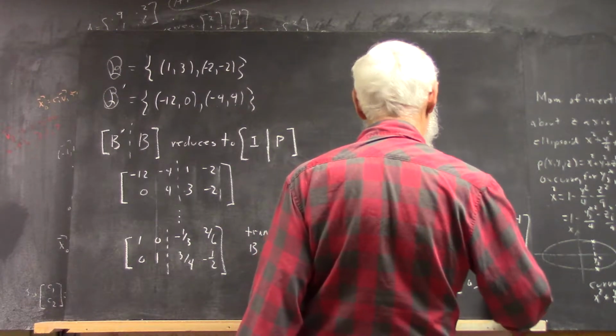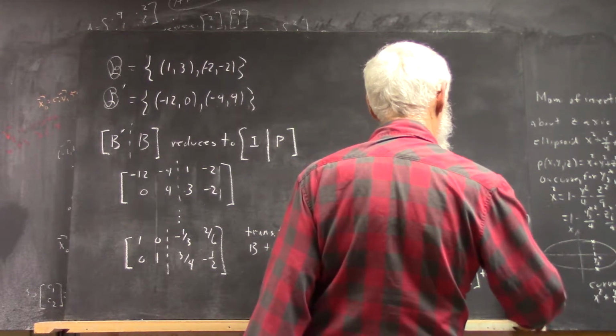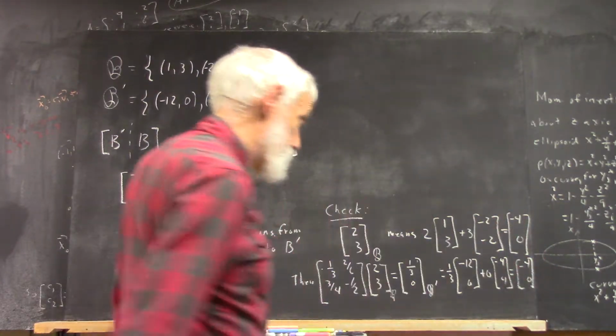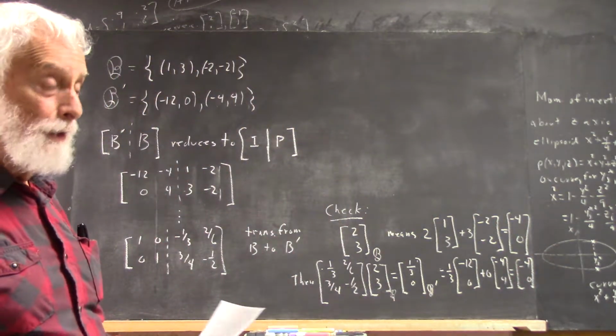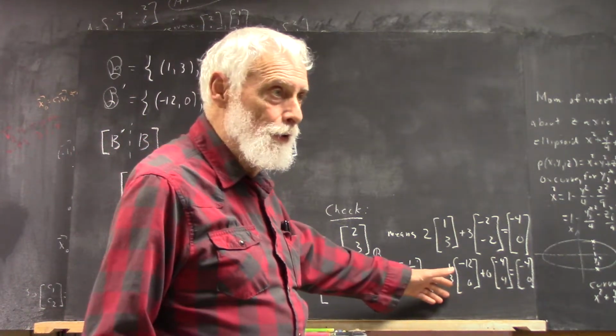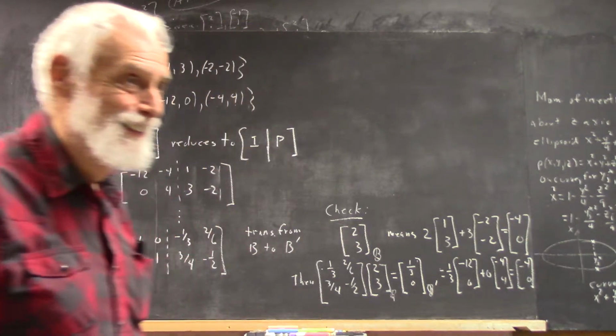Plus 0 times negative 4, 4, which equals negative 4, 0. And isn't that amazing? Not so much amazing that it works out the way it's supposed to, but that I did the arithmetic right. Okay?